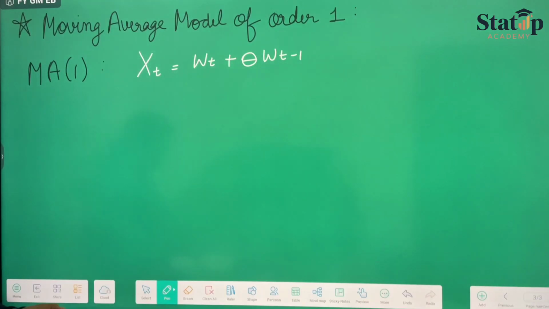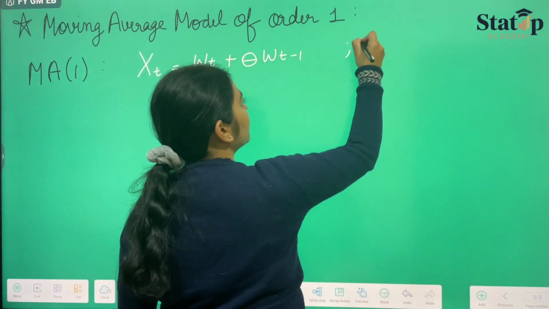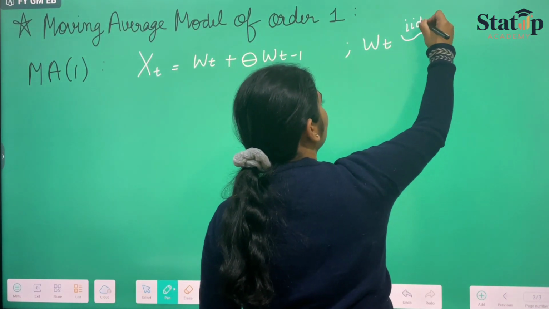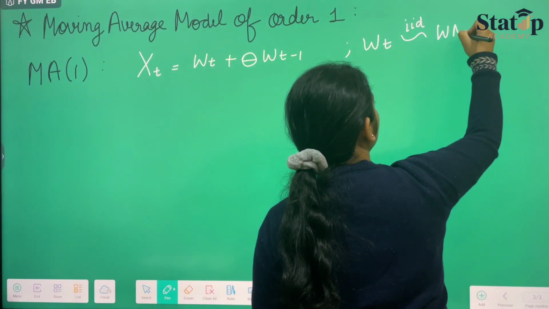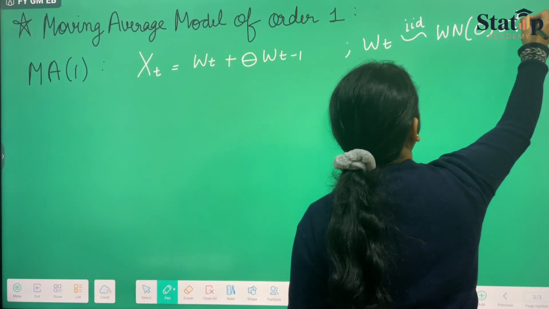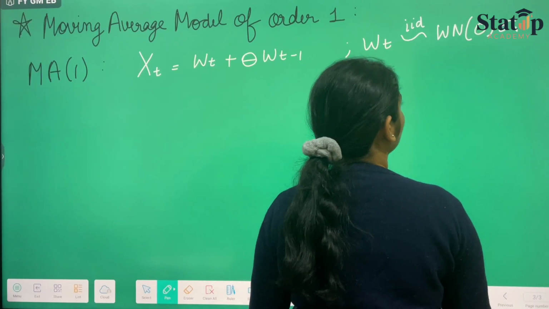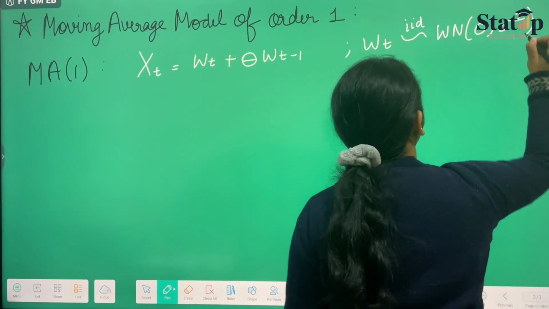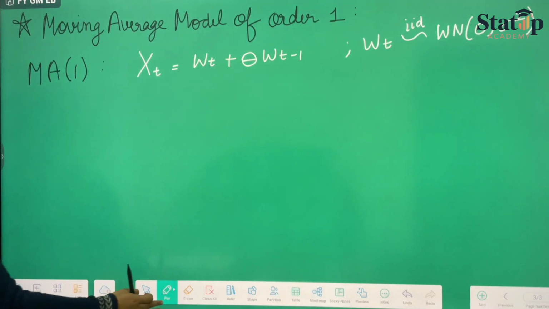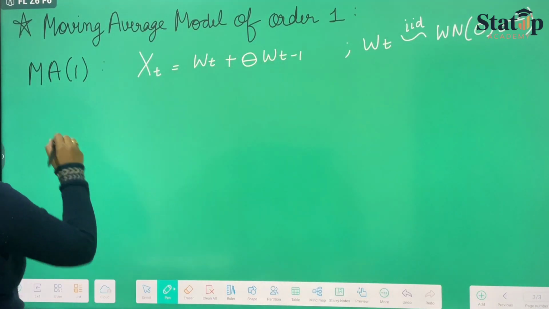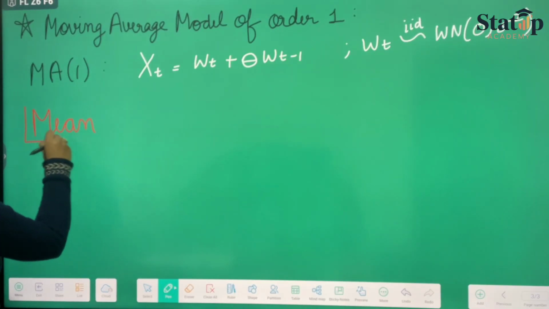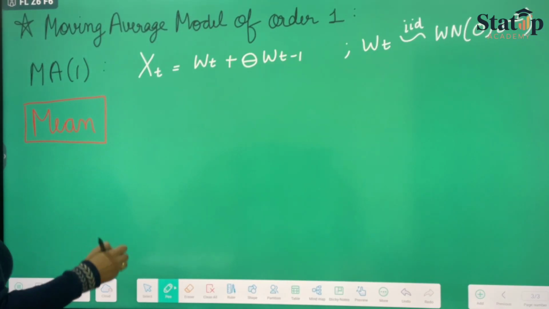Now where the white noise Wt is iid white noise with zero mean and sigma square variance. So the first thing that we need to find out is the mean of this process.